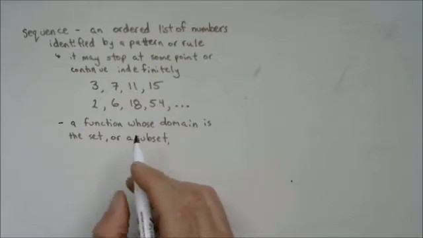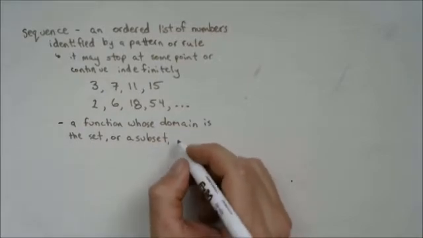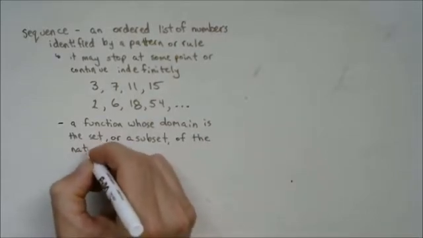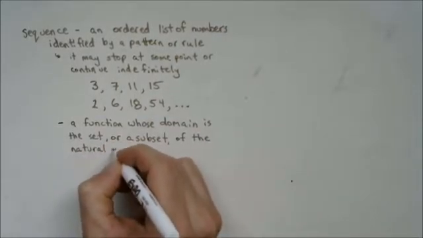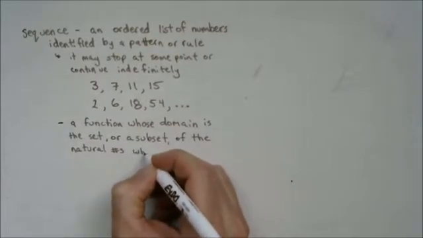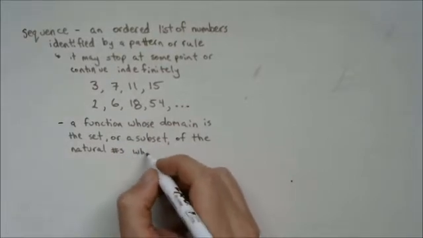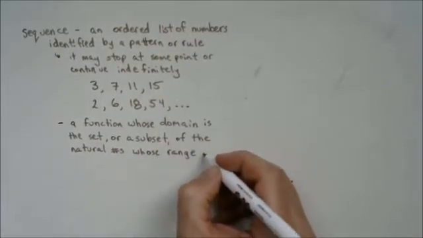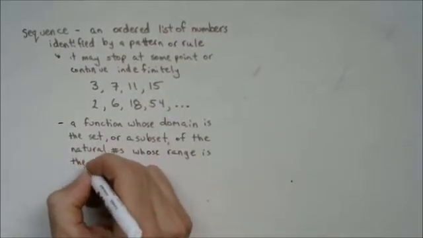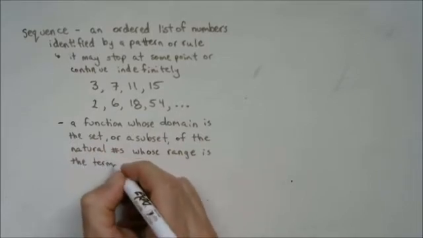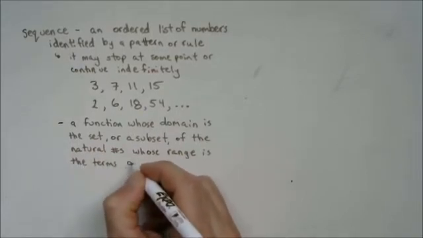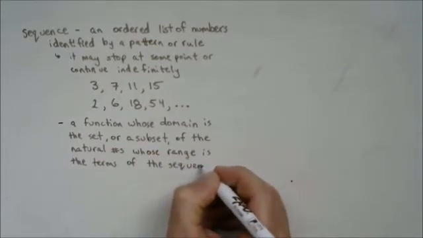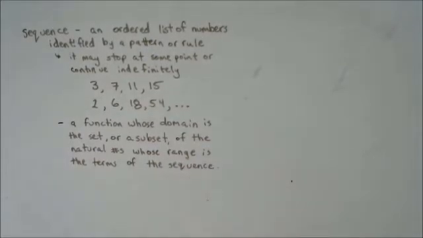So it's a set or a subset of the natural numbers whose range is the terms of the sequence. All right, that's a bit of a mouthful, but again, we're talking about functions.